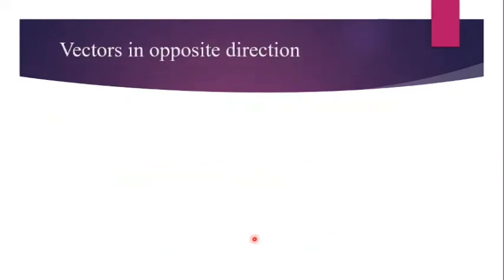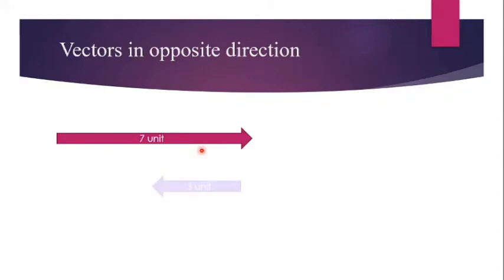The vectors in opposite directions. Here, one vector has a magnitude of 7 units, with direction towards the right. Another vector has a magnitude of 3 units, towards the left. In this case, we find the difference of their magnitudes. The resultant vector then has a magnitude of 4 units.